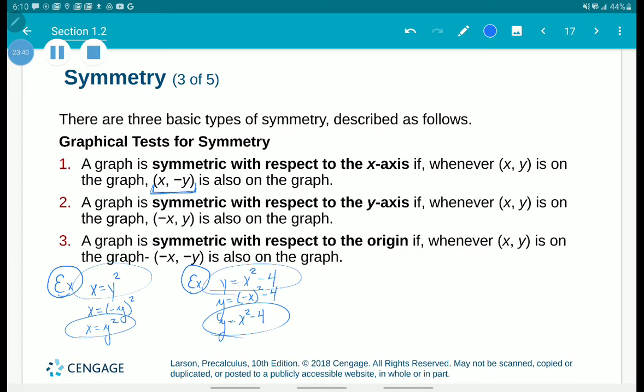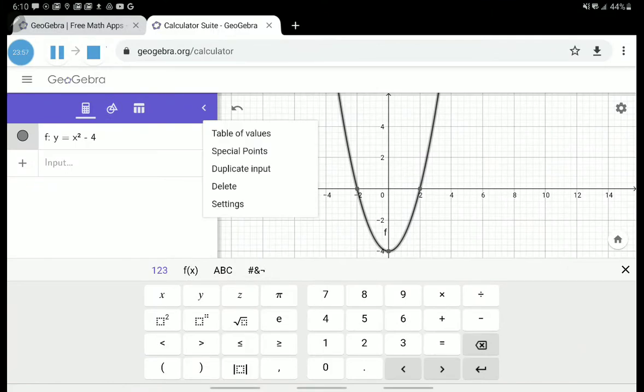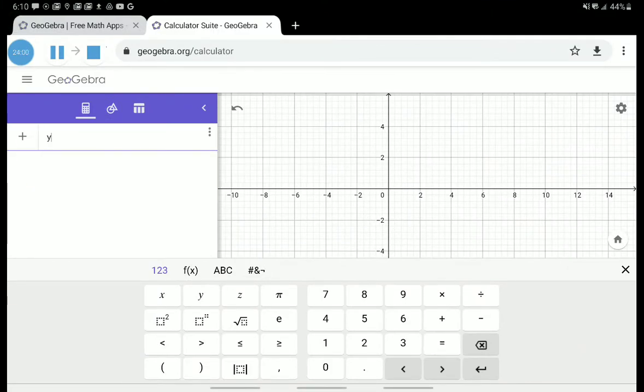I think symmetry with respect to the origin is a little bit tougher to see. We're going to look at y equals x cubed. There it is. So we see we have symmetry with respect to the origin. We could think about those folds again along the x and then along the y, and how the piece in the first quadrant matches up with the piece in the third quadrant.